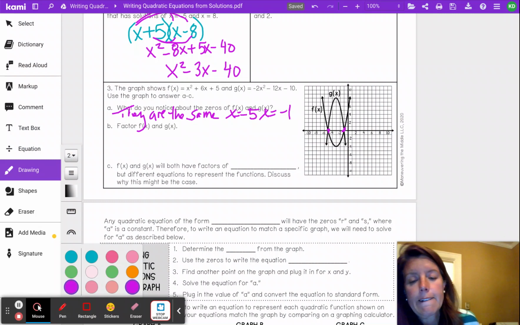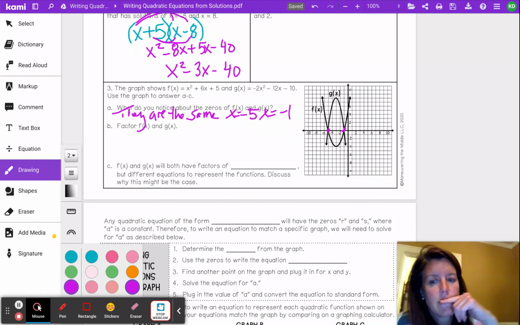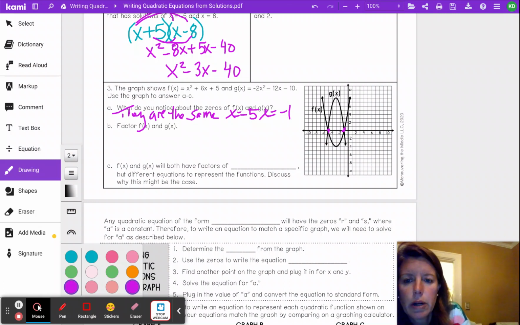Okay, so now we need to factor f of x and g of x. So I'm just going to go ahead and I've got x plus 5. And then I've got x plus 1.